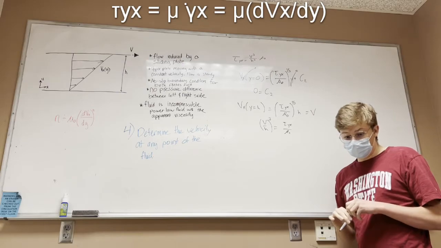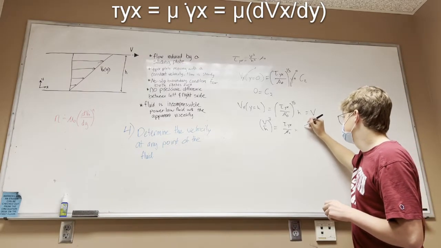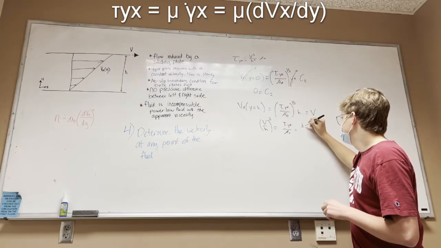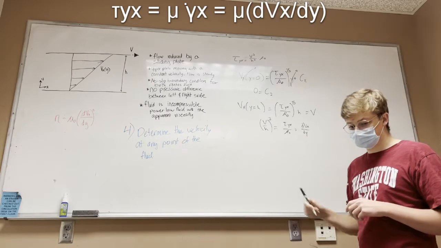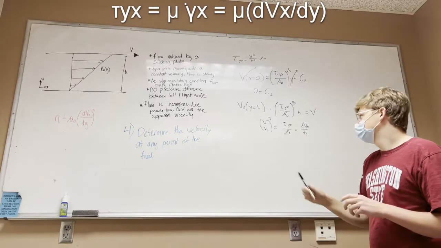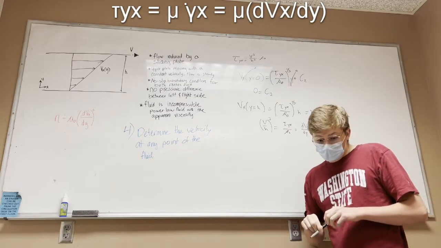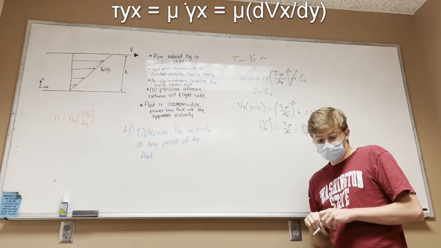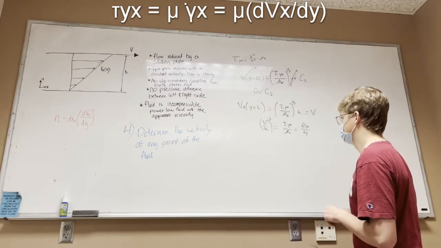And we also know that tau yx over mu naught is equal to dvx dy. So all three of these are equal. So we set these two equal to each other, and then solve for Vx, because that's what we want, the velocity at any point in the fluid.